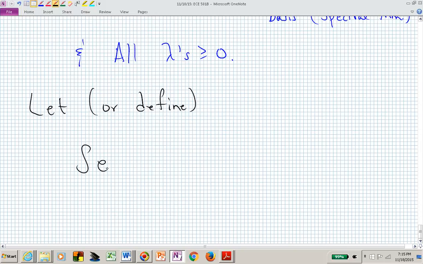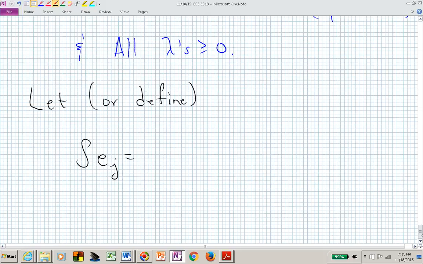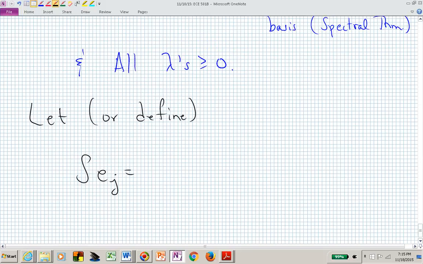Let's say that S e_j, where e_j is the jth orthonormal basis vector, and we know that all of the lambdas are non-negative, so let's take the jth eigenvalue, and since it's non-negative, we can take the positive square root of that. And let's say that S will be created such that S e_j is the square root of lambda_j times e_j.